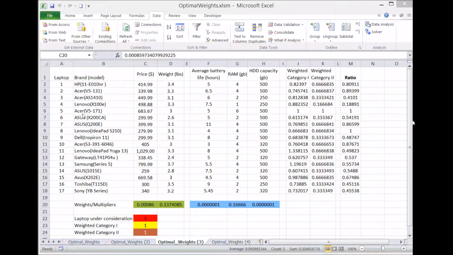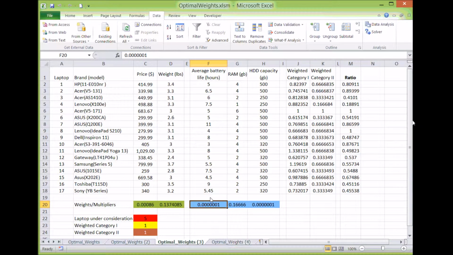However, what if, as a user, you think the battery life is at least 3 times more important than the weight? In this case, you will say this weight should be at least 3 times bigger than this weight.